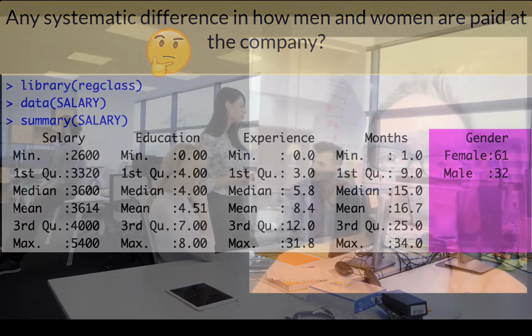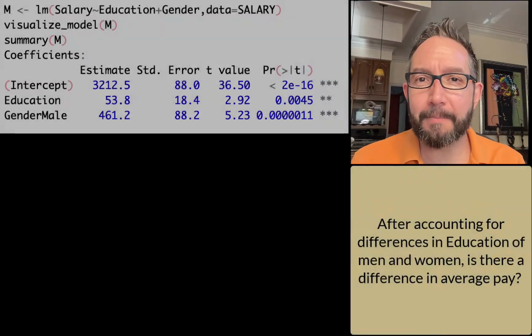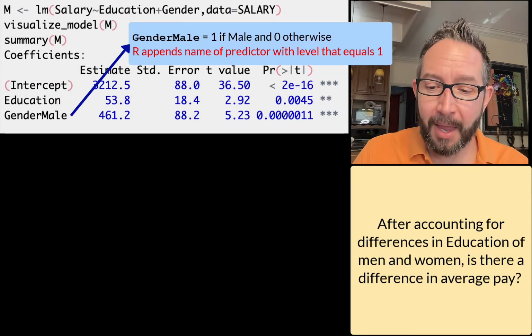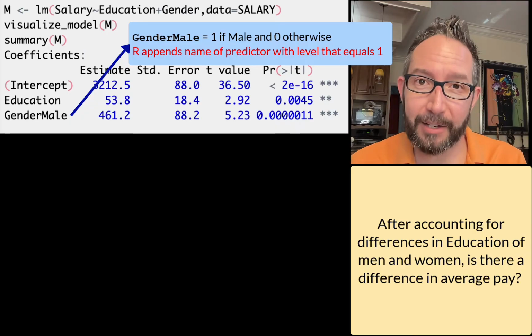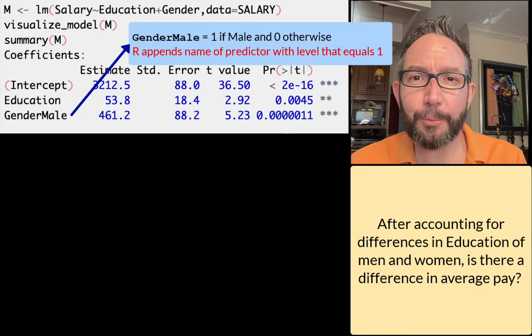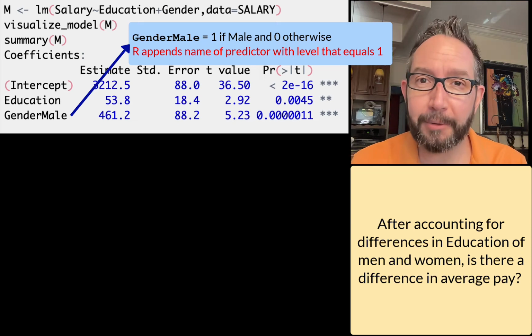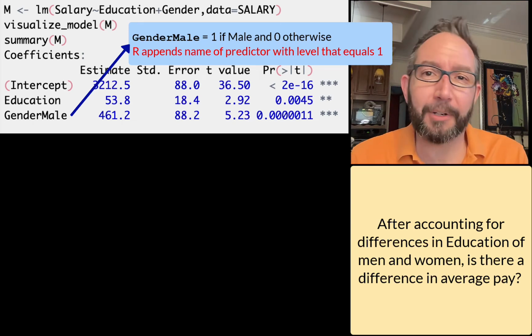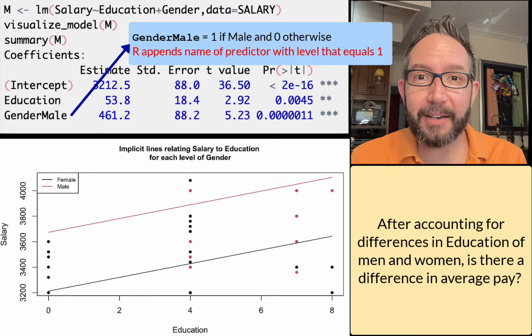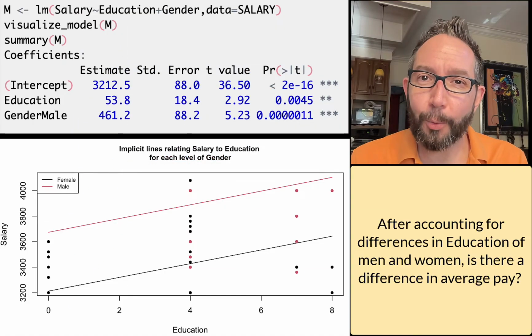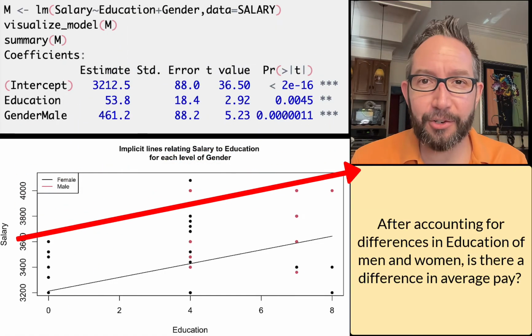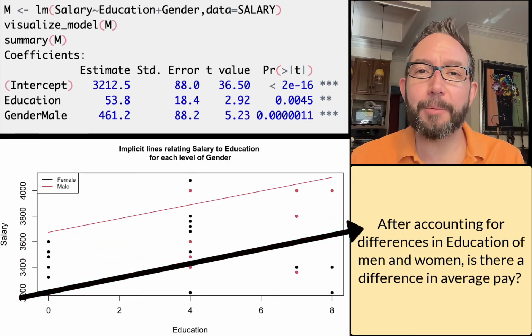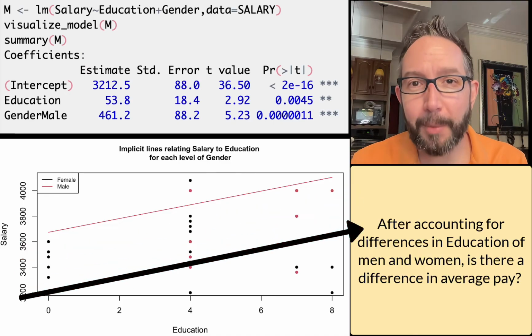So what we could do is we could fit a model that predicts salary from, for instance, education and gender. And when we do this, we could visualize what ended up happening. And in effect, whenever we incorporated a categorical predictor, the regression fit a separate line for each level of that categorical variable. So we get one line relating salary to education for men and another line representing salary versus education for women.